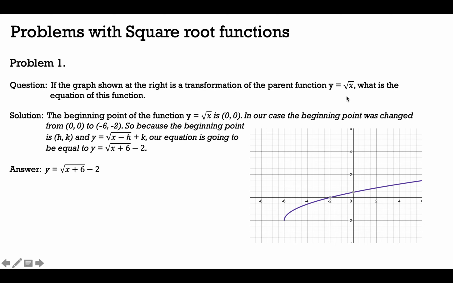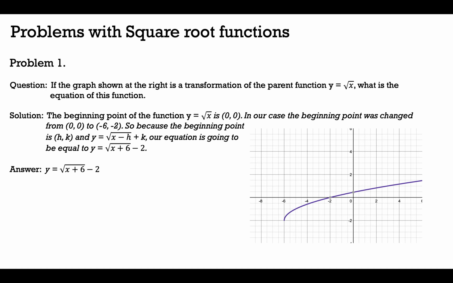So in our case, the beginning point was changed from 0, 0 to -6, -2. Because the beginning point is h, k and y equals square root of x minus h plus k, our equation is going to be y equals square root of x plus 6 minus 2.